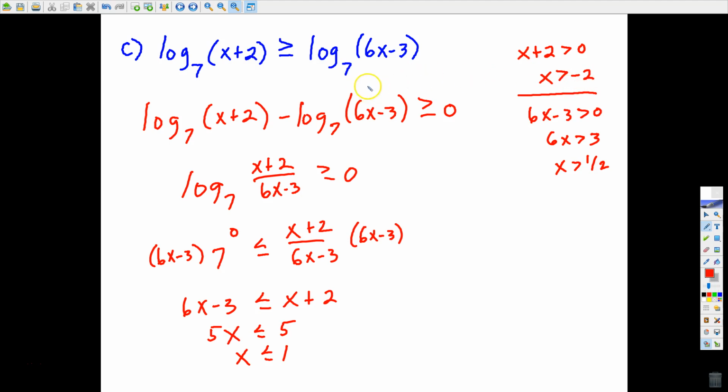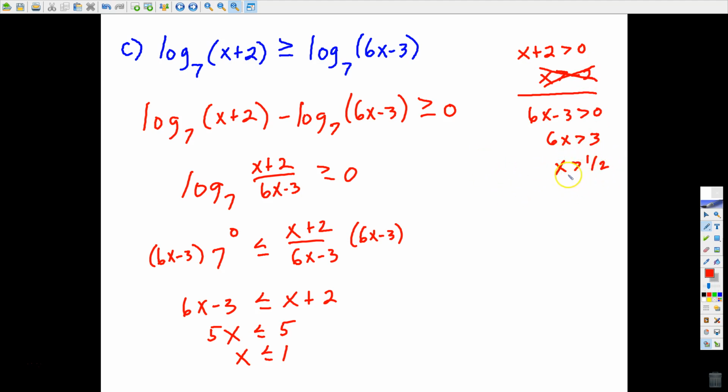Well, if I let x be -1, I'm okay here because -1 plus 2 is 1. That's okay, but I'm not okay here because -6 minus 3 is -9. I can't do the log of a negative number. So I can't use this set of numbers. I can, however, use these.